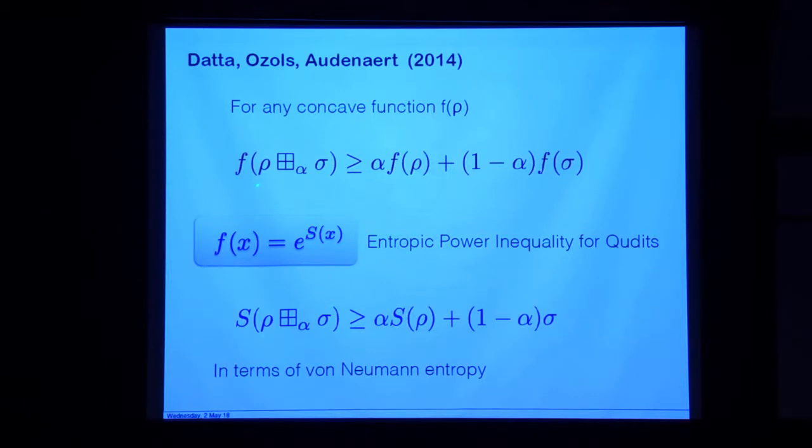If you choose f as the von Neumann entropy, you have S of rho addition sigma bounded below by the convex combination of S of rho and S of sigma. Sorry, the typo here should have been S of sigma. And if you use exponential of S, then you can have the entropy power inequality for qubits or for any finite dimensional quantum system.